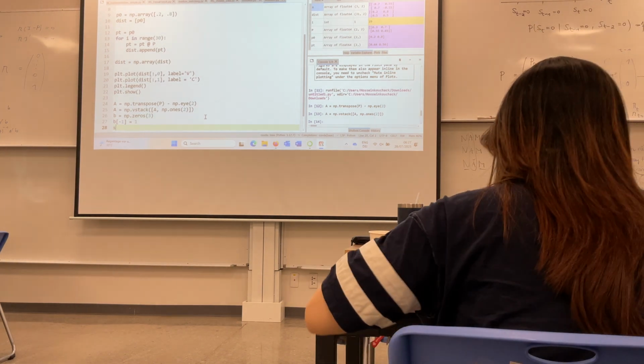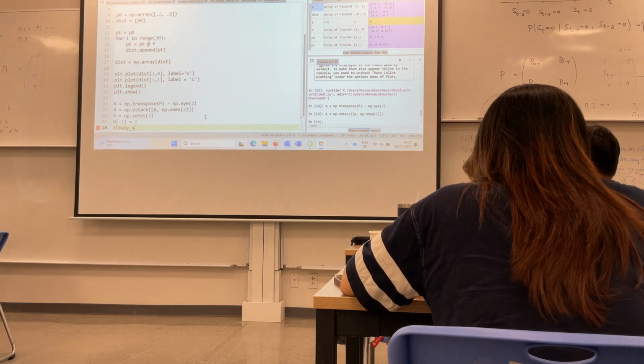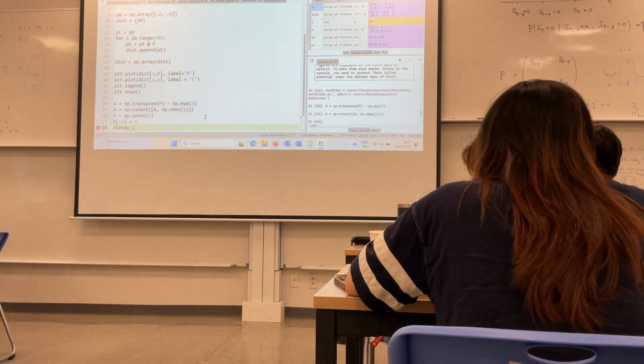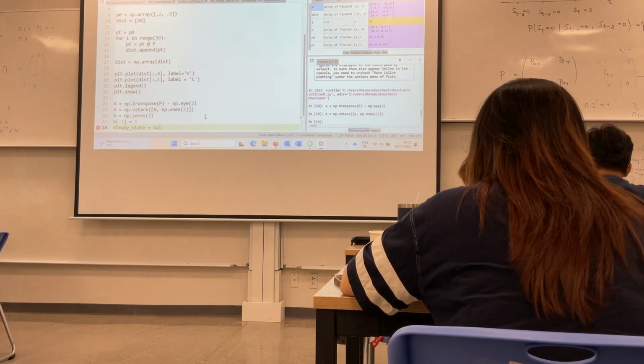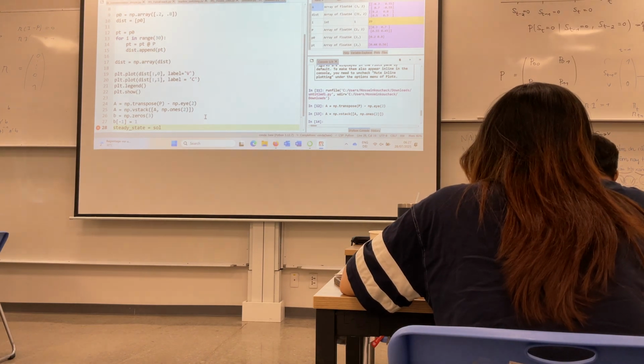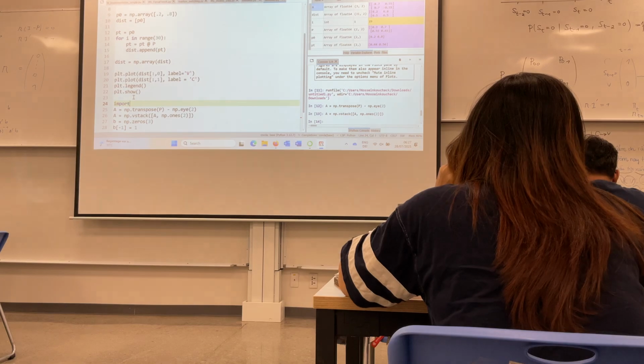And now let's generate the steady state probabilities. That will be the solve essentially. So that is the solver. Well, I mean, solver you can bring in, so that is actually easier.